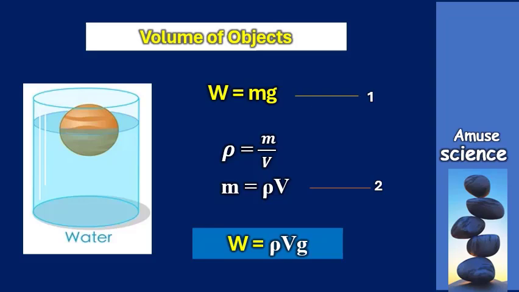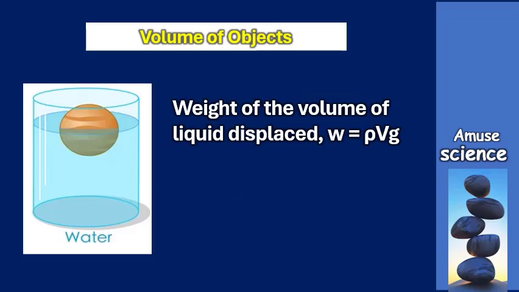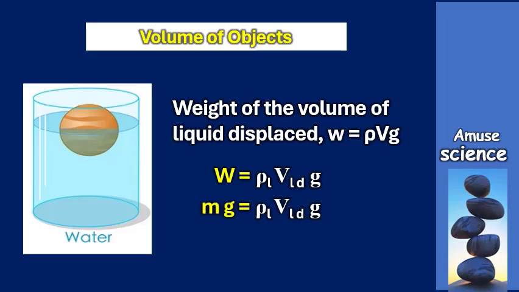The weight of the volume of liquid displaced is equal to the density of the liquid times the volume of liquid displaced times gravity. Now, since weight is the product of mass and gravity, and at the other side of the equation we also have gravity, we can write this equation as mg is equal to rho L times VLD, that is the volume of liquid displaced, times gravity.